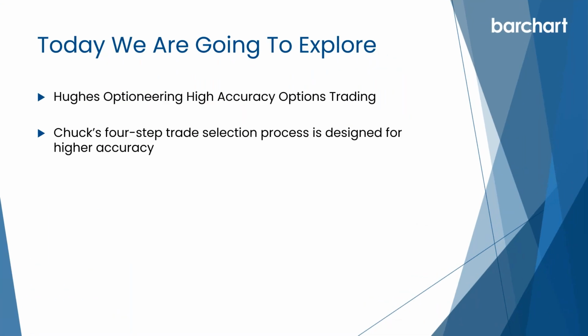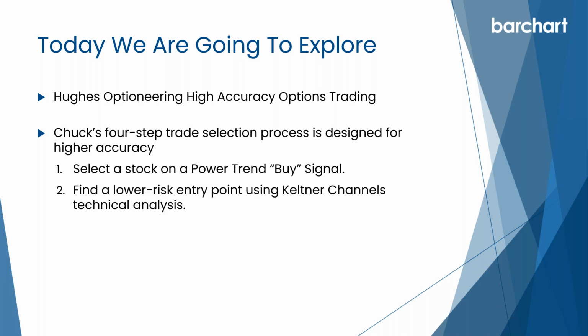Sure. All right, so let's walk through your 4-step process, and let's look at the overview on this one first. So the first step is we're going to look for a power trend buy signal, right? Right. And then from there we're going to look for a low risk entry, and you have a very specific technical analysis point that you use, right?